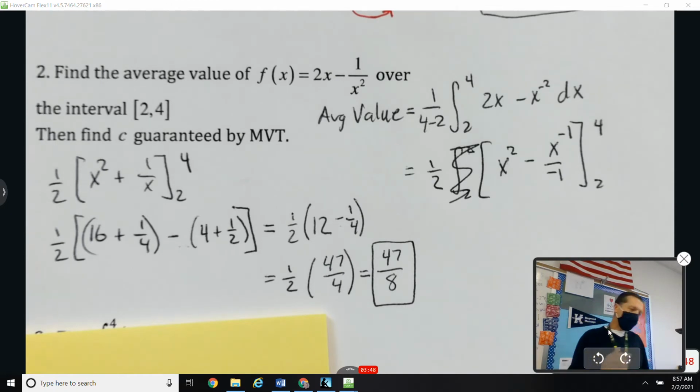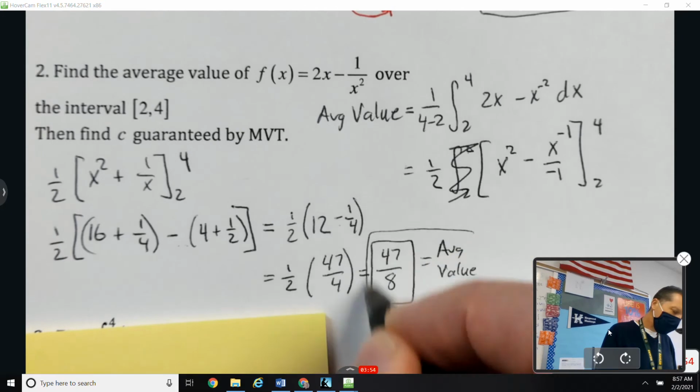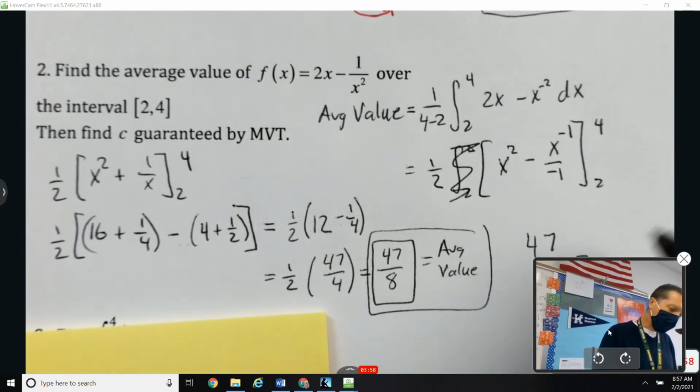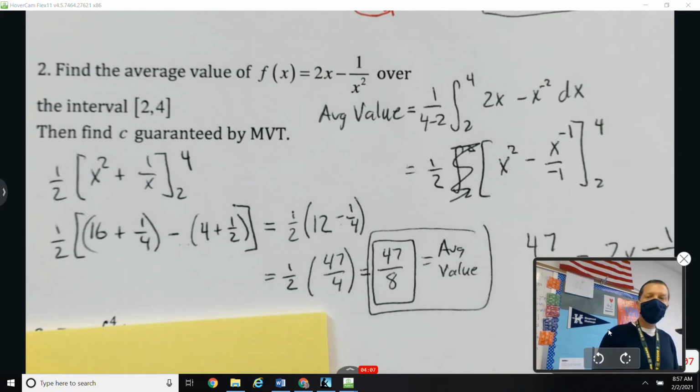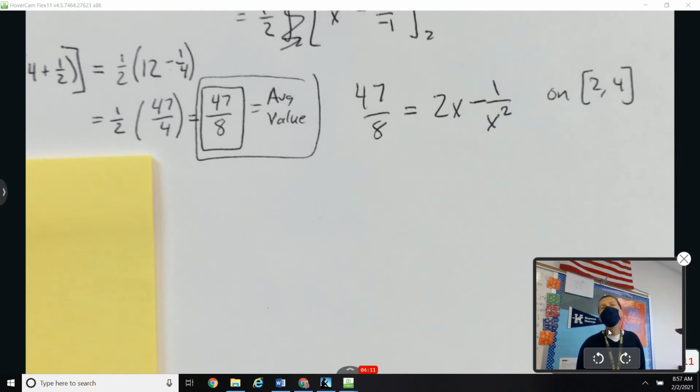All right, the second part. So that's the average value. The second part says that 47/8 equals 2x minus 1 over x squared, somewhere on 2 to 4. Well, that would definitely be a calculator type problem, because I can't solve that without a calculator.